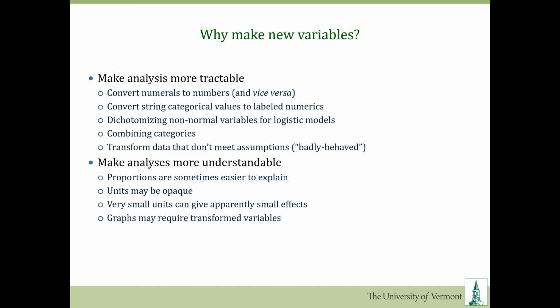Very small units can give apparently small effects. For instance, the odds ratio or the relative risk per milligram might be a very, very small number, which is a little hard to wrap your head around. But when you express it as the relative risk per gram, it has a lot more accessibility to your audience. And of course, graphs may require transformed variables to make them look good on the screen.